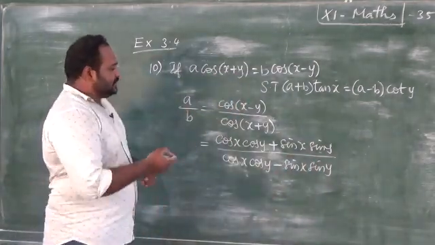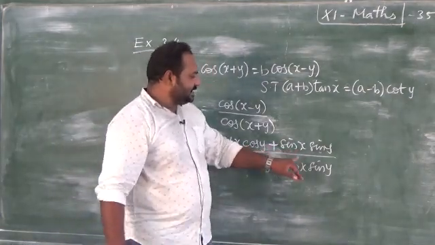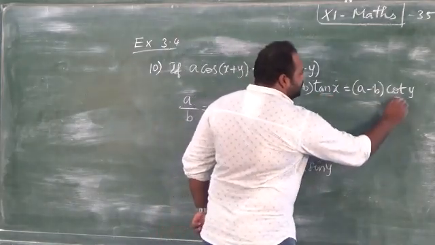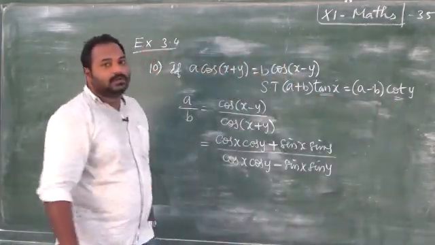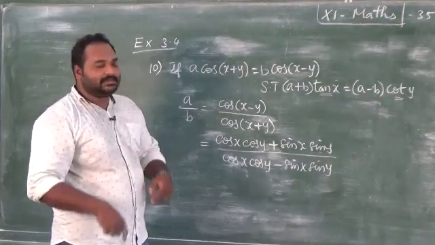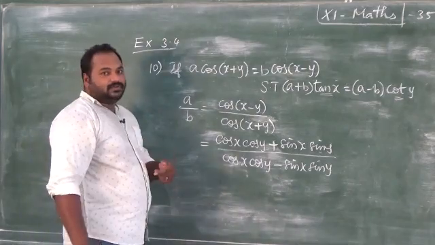Next, we have all cos x cos y and sin x sin y, but the answer is given in tan and cot. So I have to convert sin and cos into tan and cot. What are the possibilities to convert into tan x?